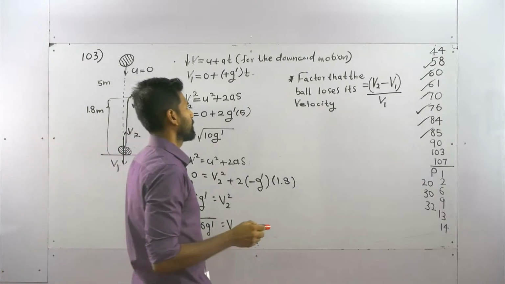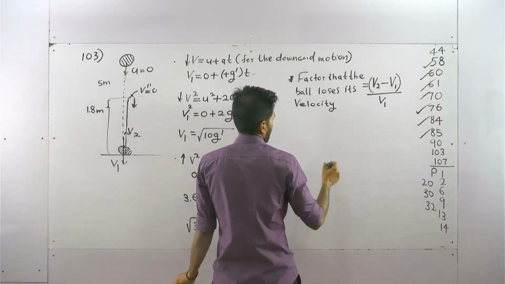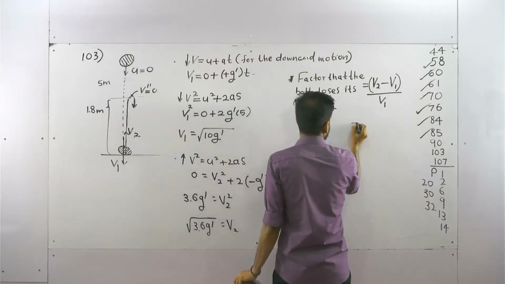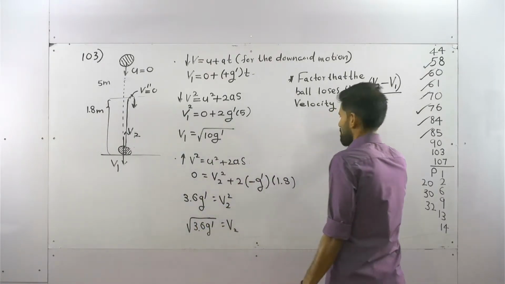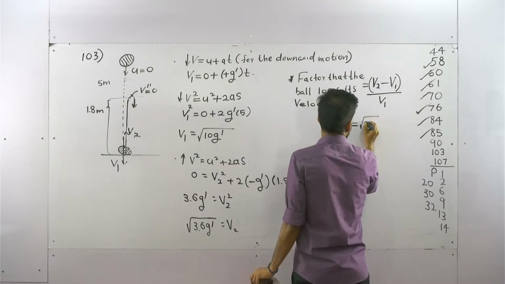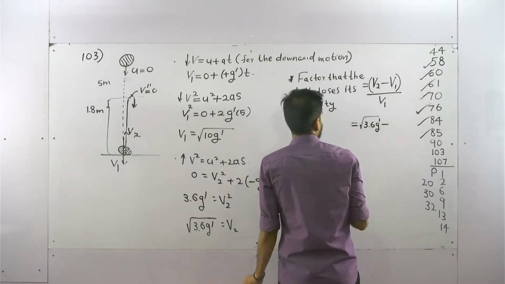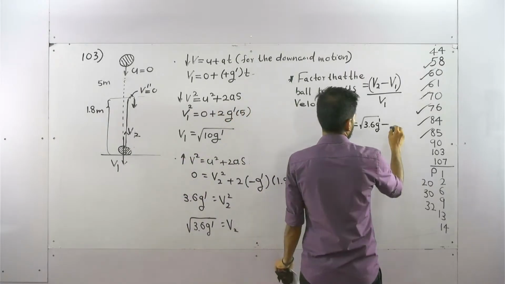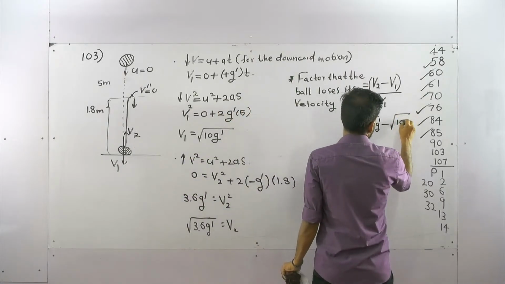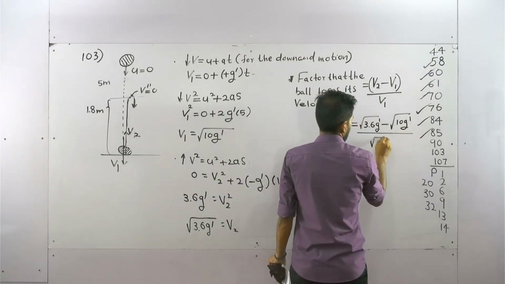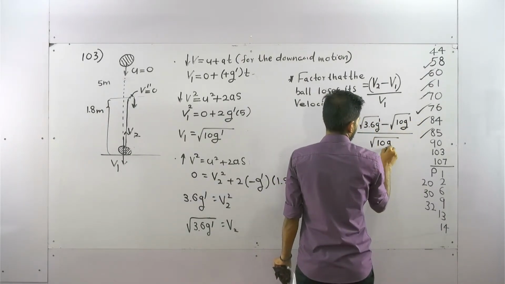Okay, (v2 minus v1) over v1. What is v2? Root 3.6 g dash minus root 10 g dash over root 10 g dash.